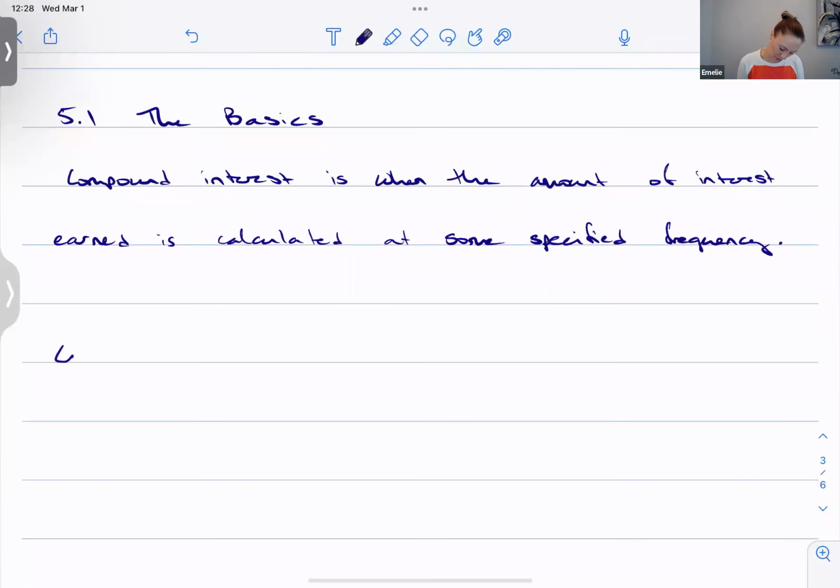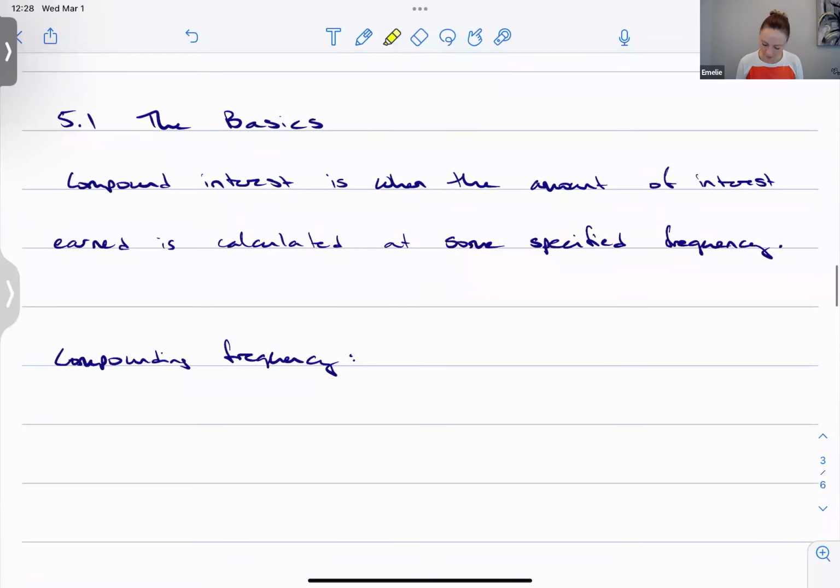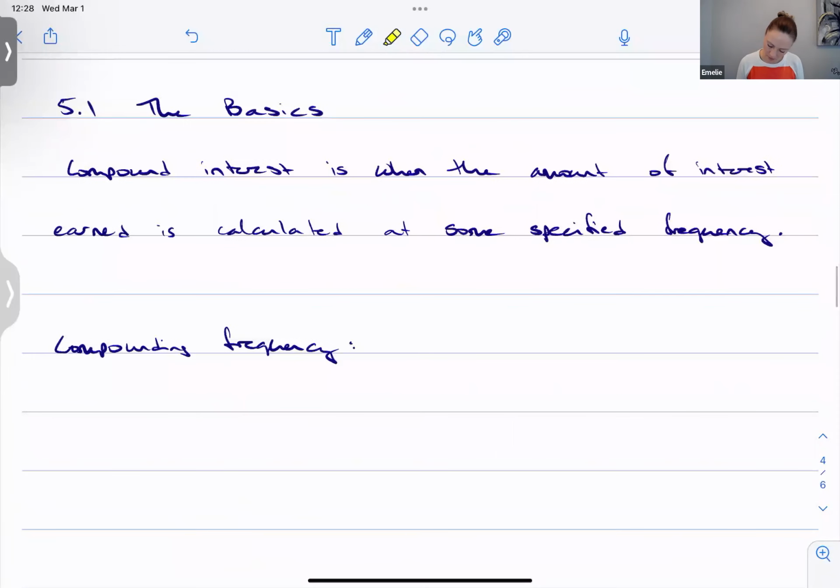Which leads us to compounding frequency, which I want to define. Compounding frequency is denoted by F. The compounding frequency is how many times per year.